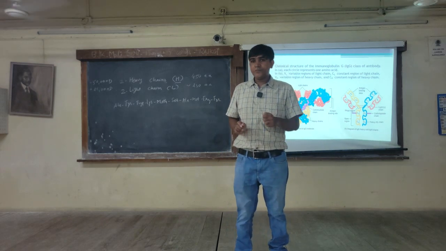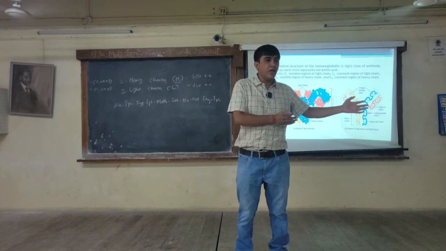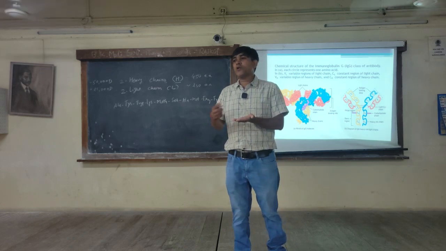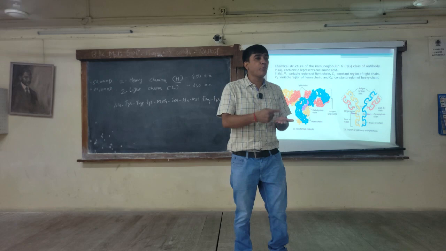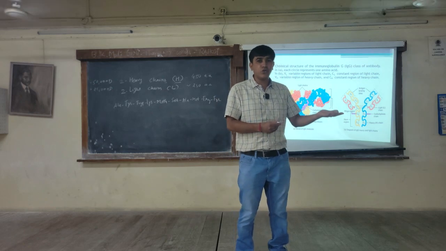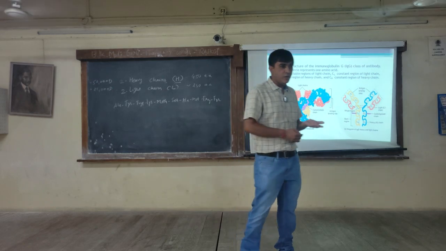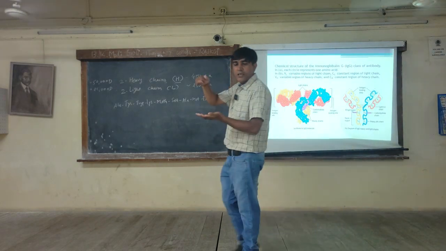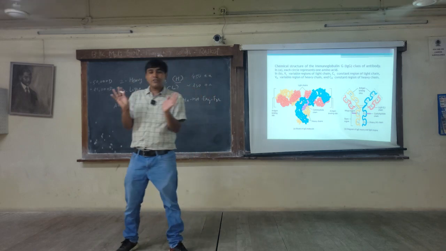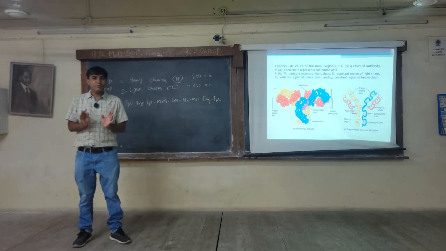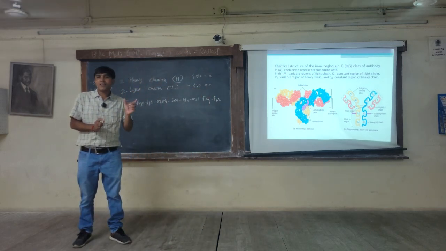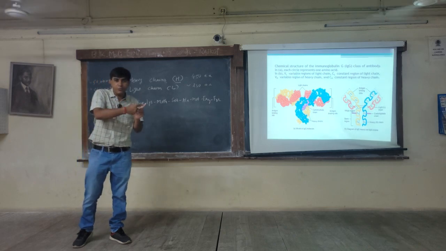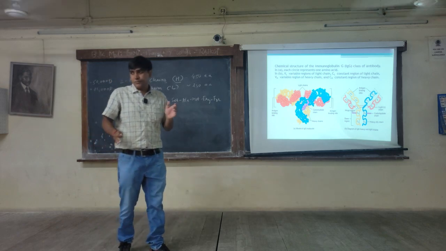So it is like a pizza. When you go to a pizza shop, you will order a pizza. They will ask for extra toppings, what you want as a topping. Or when you go to an ice cream shop, they will ask for the extra topping. Do you want almonds to be incorporated, or cherry, or anything else as a topping? So the structure of an antibody is also like that. The antigen binding site is tailor made, that is specific. The rest of the portion is constant.